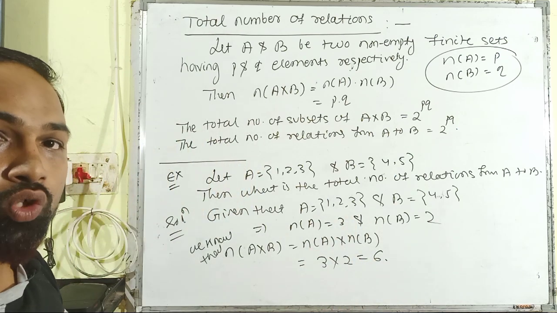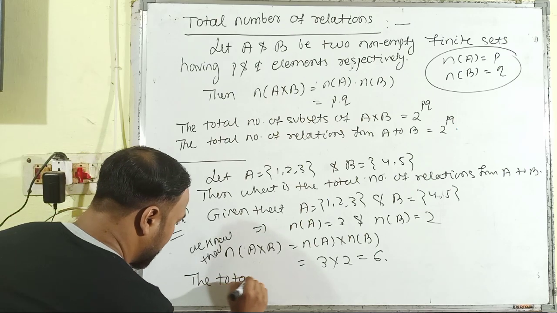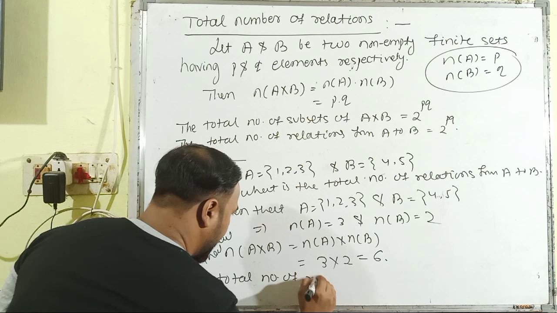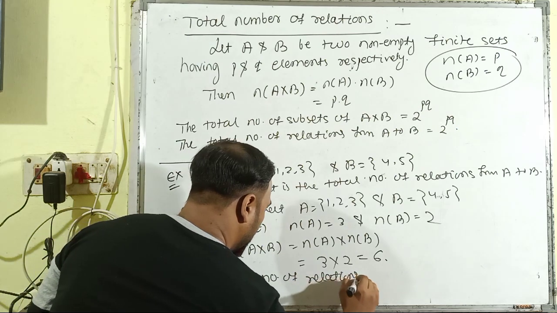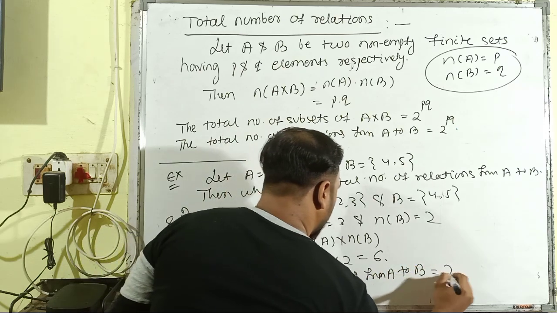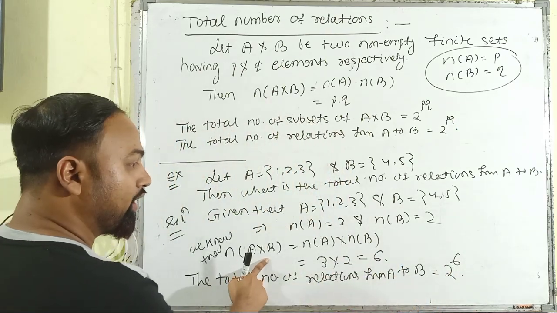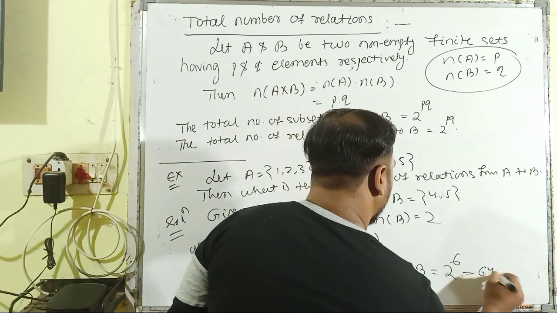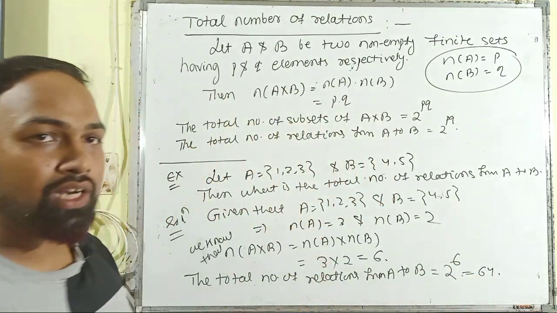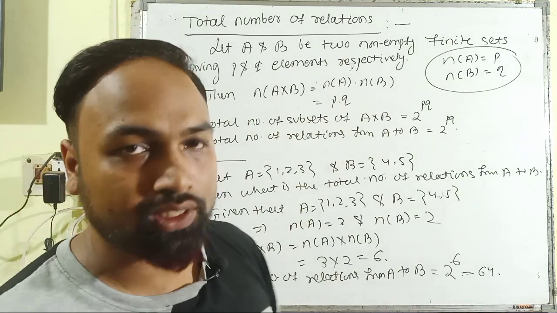Then the total number of relations from A to B is equal to 2 to the power PQ, or 2 to the power the cardinality of A cross B, that means 2 to the power 6, which is 64. And here is the complete answer. By this method we can find the total number of relations in between two sets.